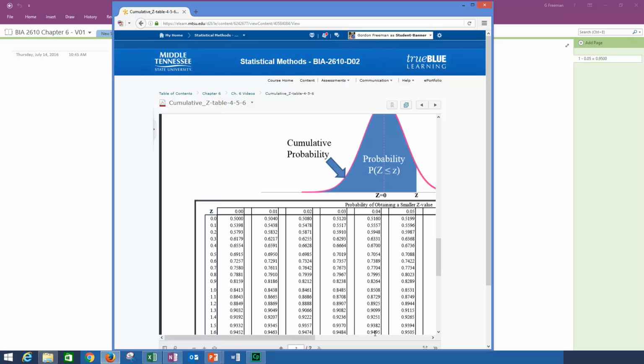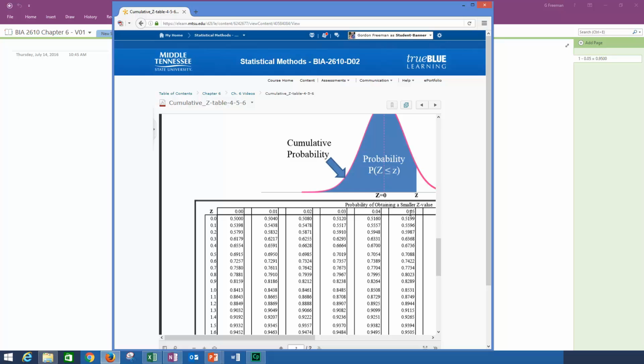Now the 0.9495 corresponds to a z-value of 1.6, and up here we get the 4. The 0.9505 corresponds to 1.6, and up here we get that hundredths decimal place of 5.